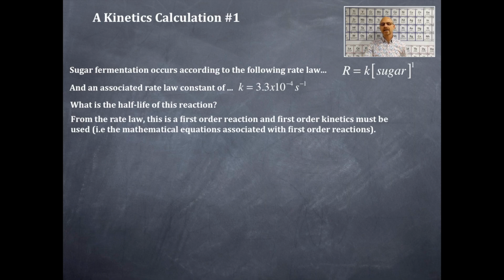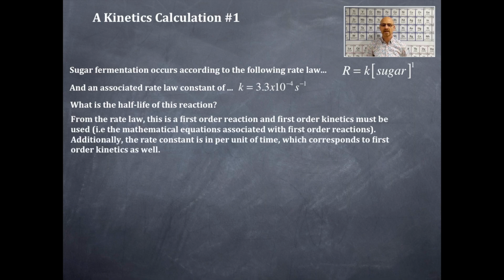Okay, from the rate law, you can see it is to the first power. This is a first order reaction, so the mathematical equations associated with first order reactions must be used. Additionally, the rate constant is in units of per time.